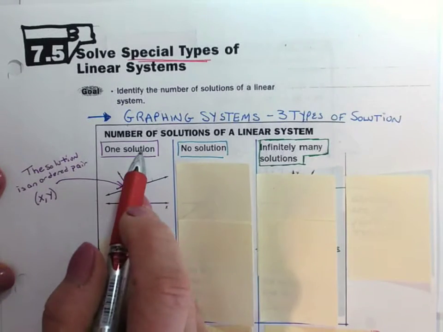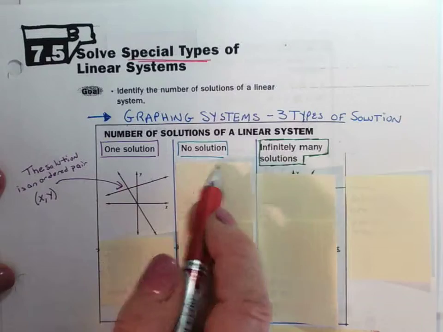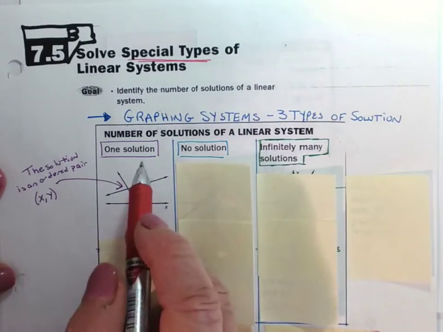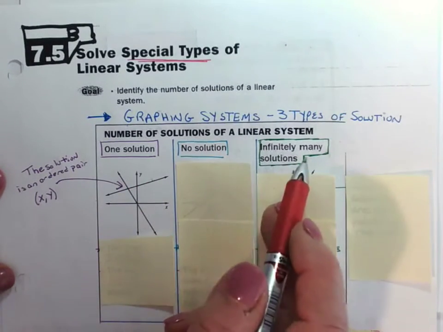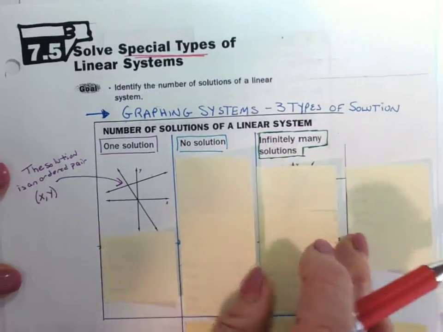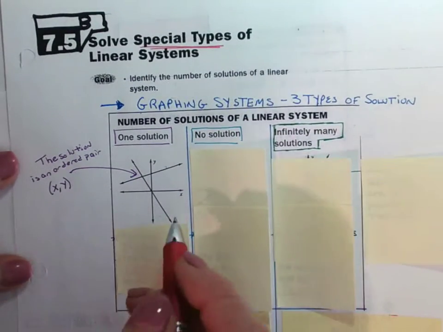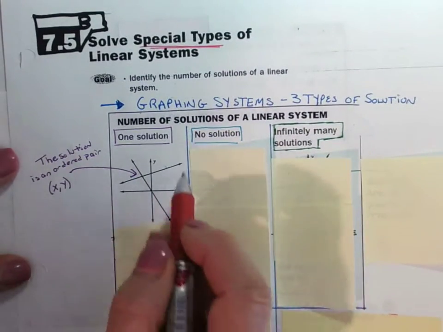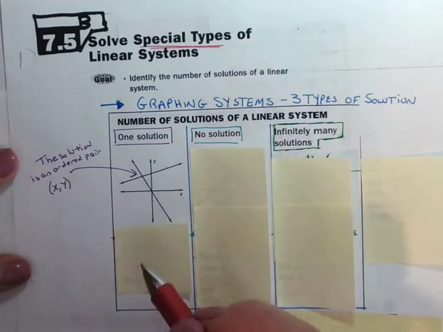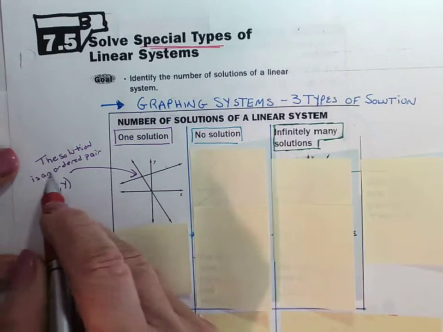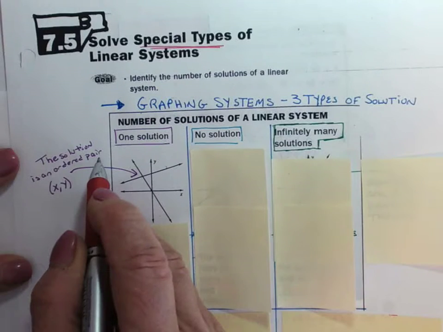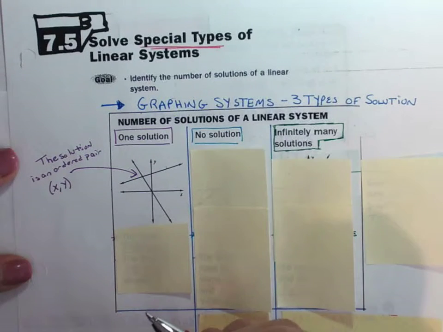When we graph, we have 3 possible solutions: 1 solution, no solutions, infinite solutions. Here's an example of 1 solution. The solution is an ordered pair, which are xy coordinates.